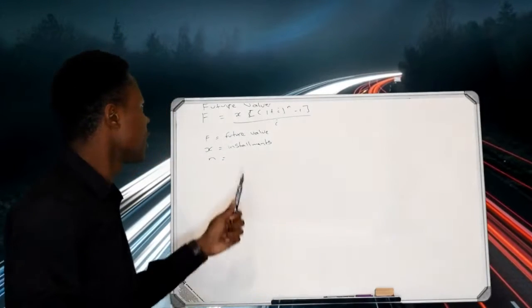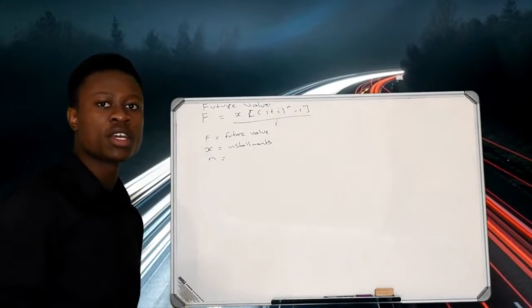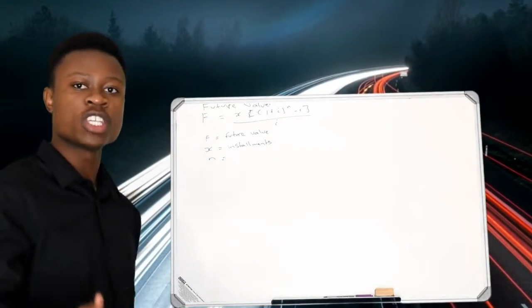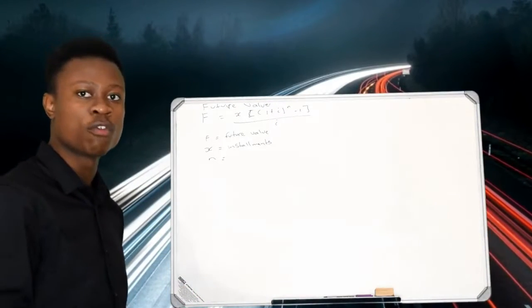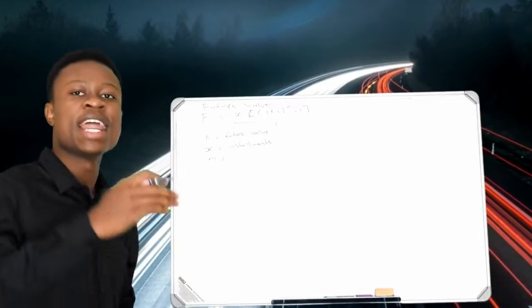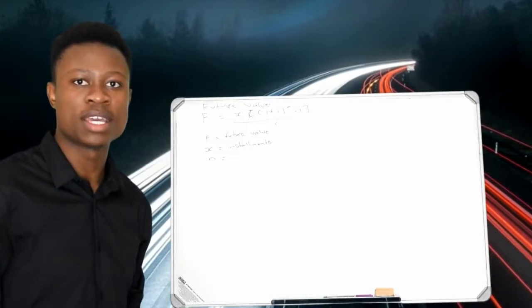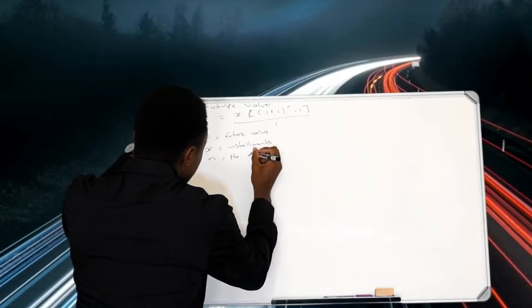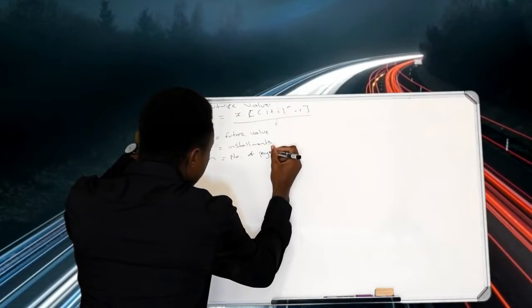If they say quarterly, you are making quarterly payments, it'll be 4 times however many years you're saving for, because n is the number of payments that you have to make. The number of payments or installments.